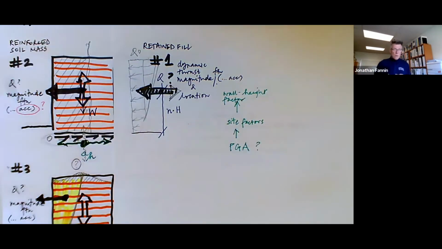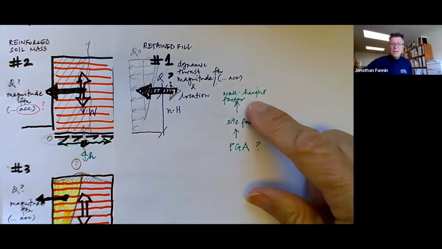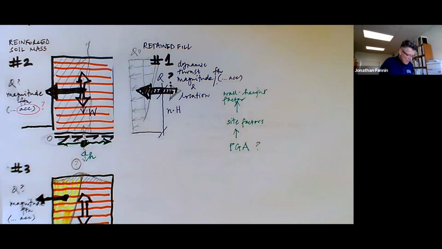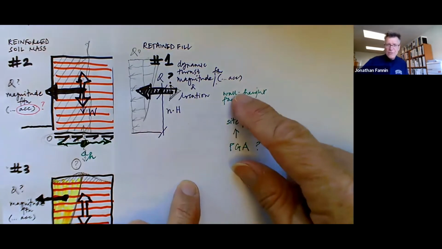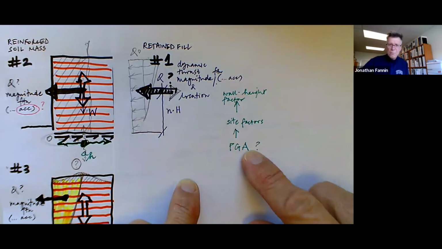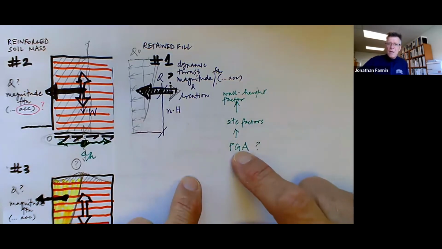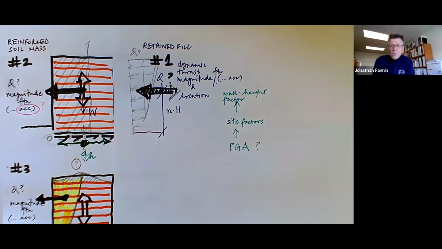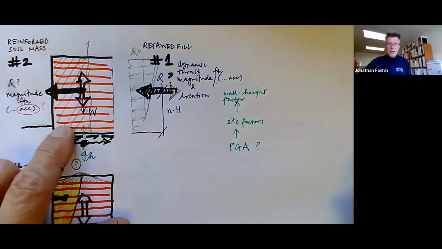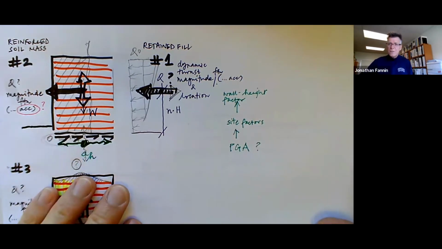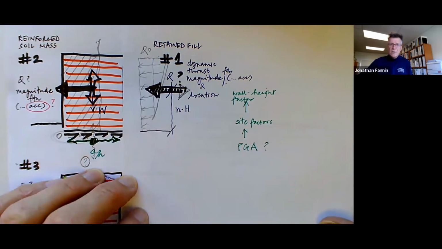And is that going to amplify it, or is that going to reduce the magnitude of the acceleration? So we end up in a situation where there's considerable uncertainty, and depending on the magnitude of the peak ground acceleration, you might say these demands are relatively modest and I can use simplified tools such as Mononobe-Okabe, or this demand is considerable and the height of the structure is very large, and this is a specialist seismic design.